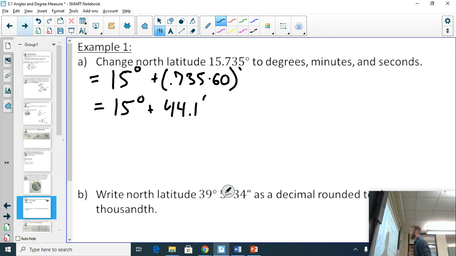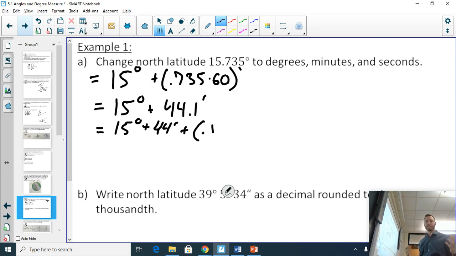That's minutes. And again, we run into the same issue, right? We don't want that 0.1 there, so we have to change that to seconds. So the same is 15 degrees plus 44 minutes plus, and now we want to change 0.1 to seconds, so we do it in a similar way, but we multiply it by 60 since it's currently in minutes.